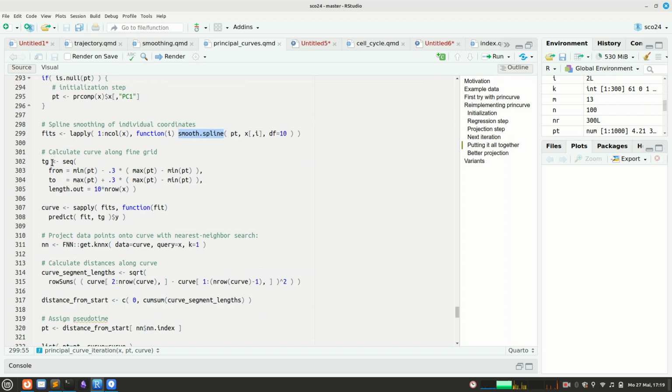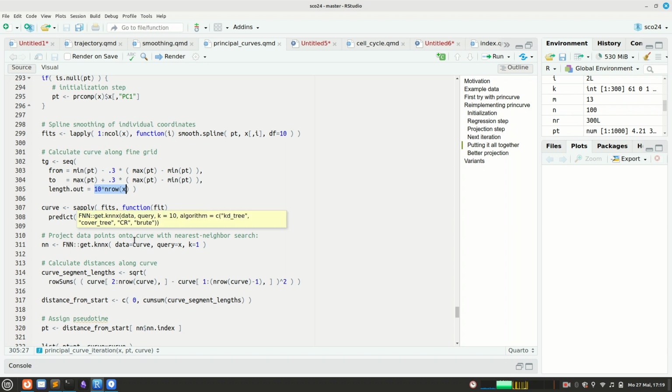Then calculate a small grid of values to go over the range of pseudo-time values, and produce a new curve by evaluating the returned splines for the individual coordinates along this grid. Then we have curve points, 10,000 of them, or here, 10 times as many as we have data points, as I've said.